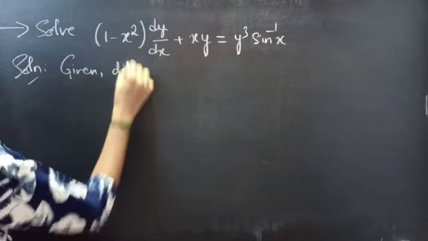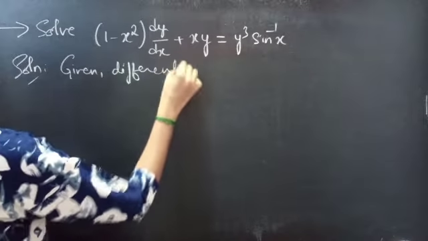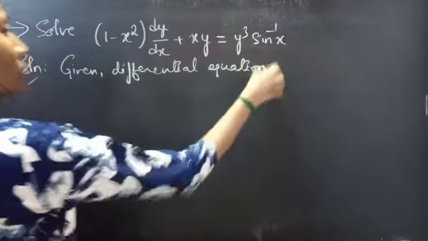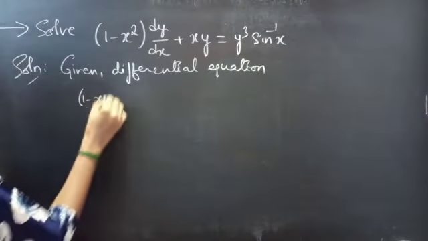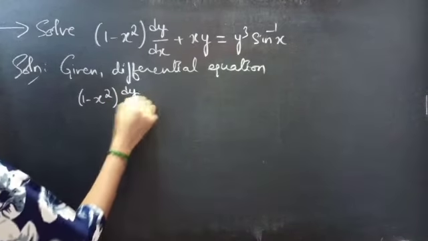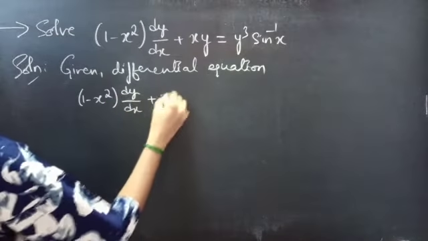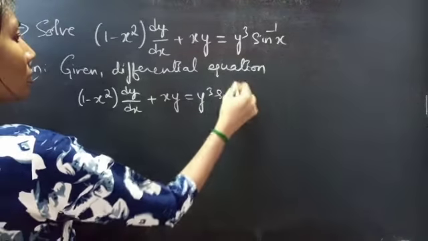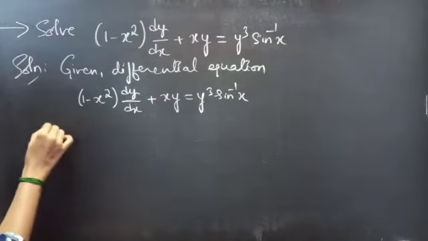Given differential equation: (1 minus x square) dy by dx plus xy equals to y cube sine inverse x.